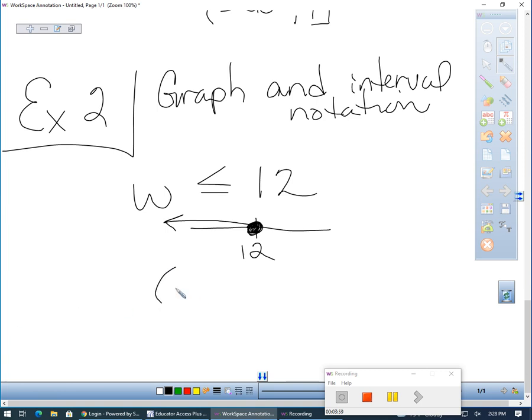Parentheses. Good. 12 bracket. Good. Bracket. Okay? So now, do we have any question on how to do interval notation? I know you guys remember it now that you saw it, right? I'm not done. I'm not even close to done.